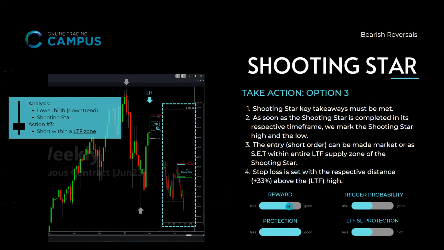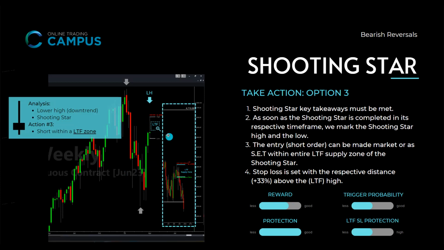Reward is better, right? Definitely better. It's not in the middle, it's better around the 75% because you will decrease your range. You will definitely decrease your range if you find any nice supply areas here in the entire range of the weekly shooting star.